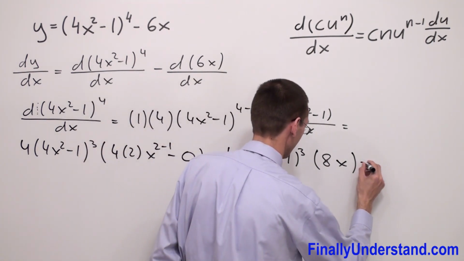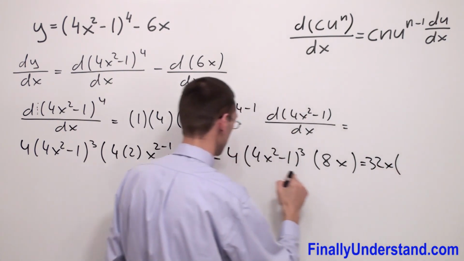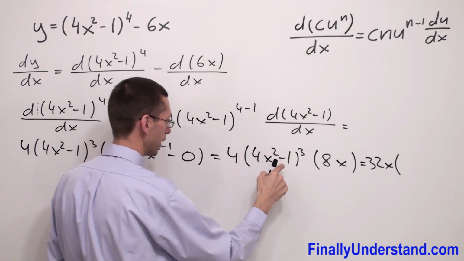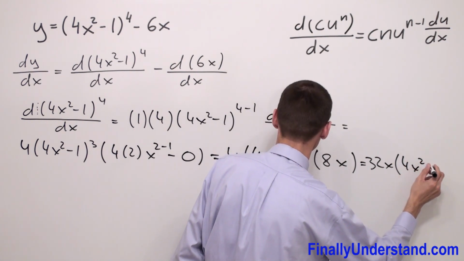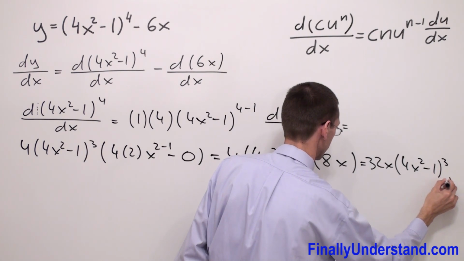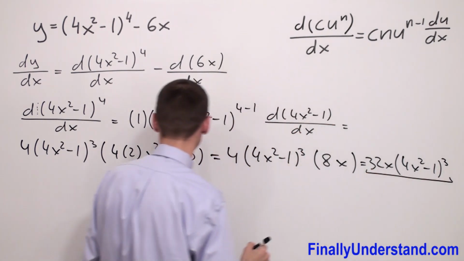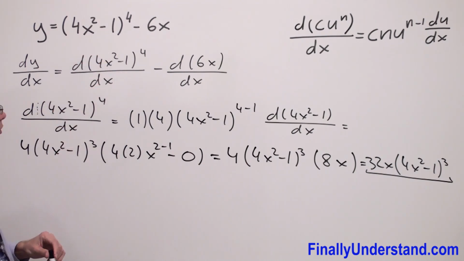So I have 32x times (4x squared minus 1) to the third power. Okay, so this is the derivative of the composite function.